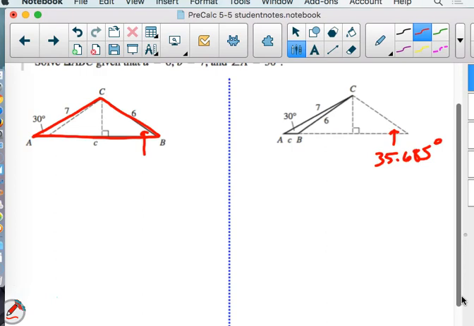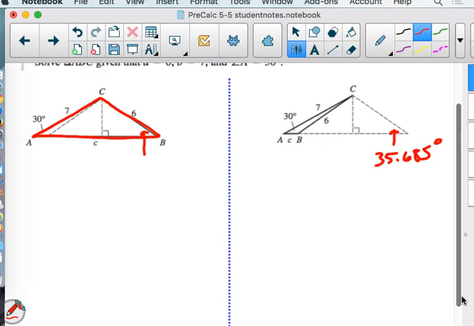The problem is that's not an answer for something in our sliver triangle. It's a really important piece of information, but it's not something that's going to give us our new angles A, B, and C, which I really wish they would have done like primes on there or something. But just know that we're talking about a different triangle that's been formed here, even different letters would have been nice. So if I know that that's 35.685, it's helpful. It's just not something that's in this triangle that I'm looking for.